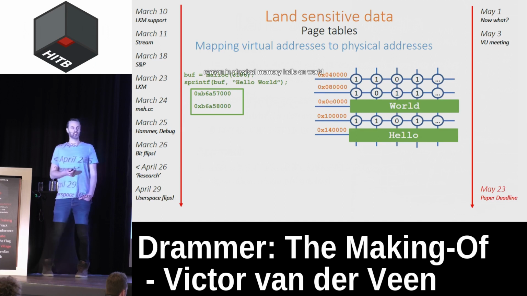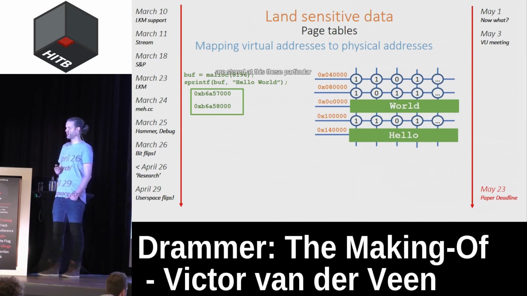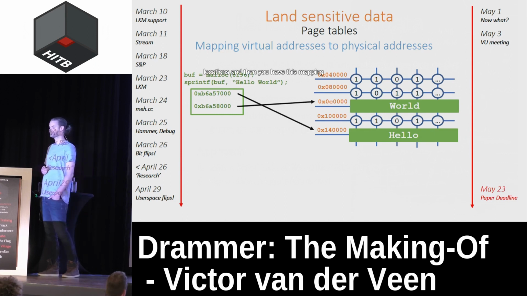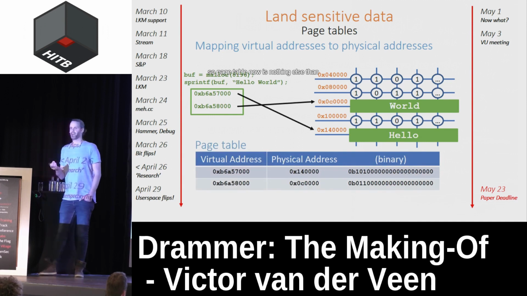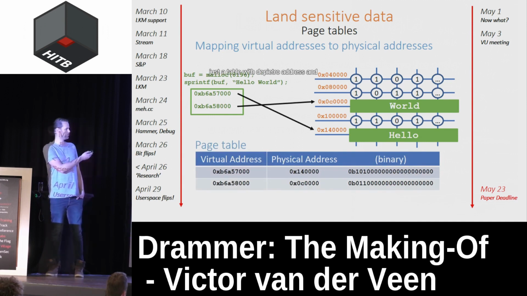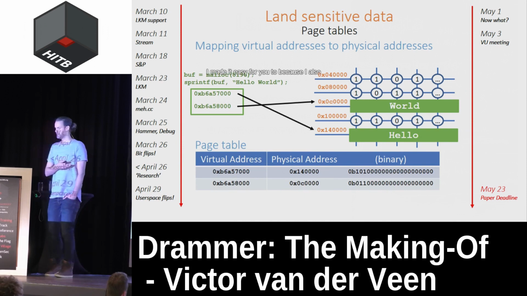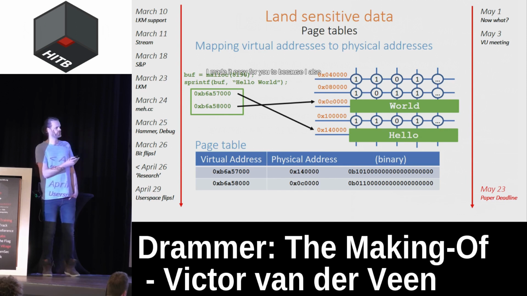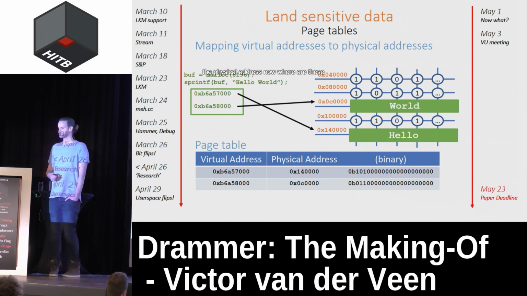And it might be that for some reason, in physical memory, hello and world are stored at these particular locations. And then you have this mapping. So a page table is nothing else than just a table with the virtual address and then what physical address belongs to it. I made it easy for you because I also added the binary representation here of the physical address.